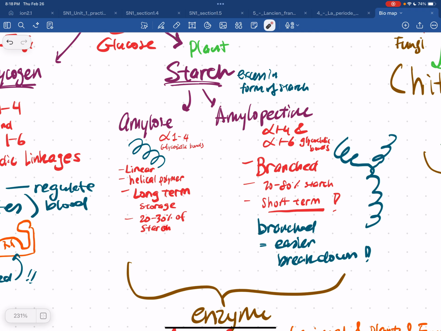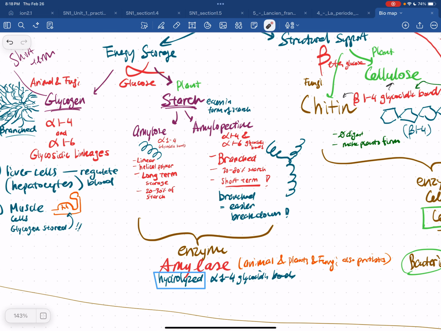Amylose is 20 to 30% of starch, and amylopectin is the branched one, 70 to 80% of starch. Amylopectin is more branched and easier to break down, so it gets consumed faster than amylose because of its 1,6 glycosidic bonds, whereas amylose only has 1,4 glycosidic bonds.